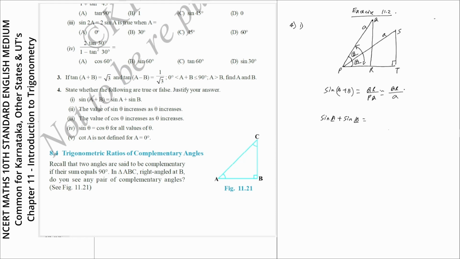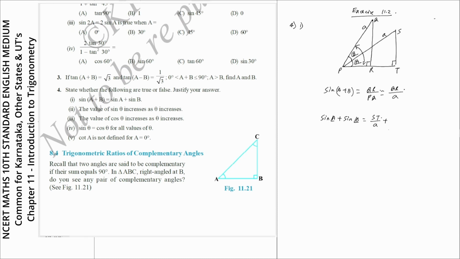So sine A is with respect to triangle PTS. With respect to triangle PTS, sine of angle A is opposite by adjacent, that is ST by A, plus now what is sine of B?